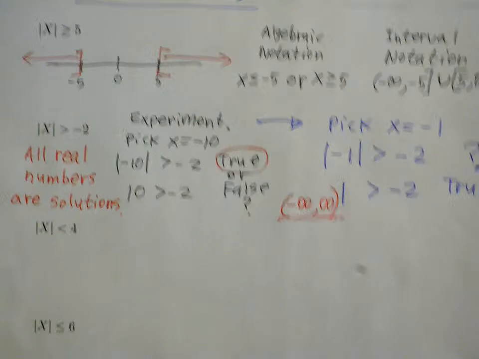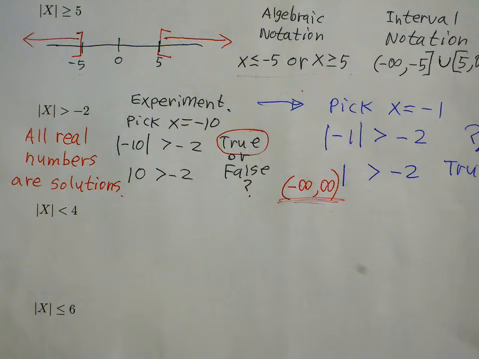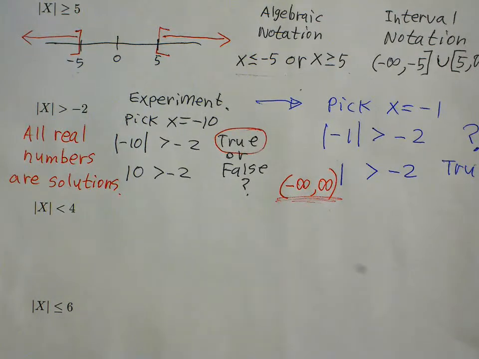Okay, the next one, this time we have the absolute value of x is less than 4. So where on the number line are the numbers whose distance from 0 is less than 4?